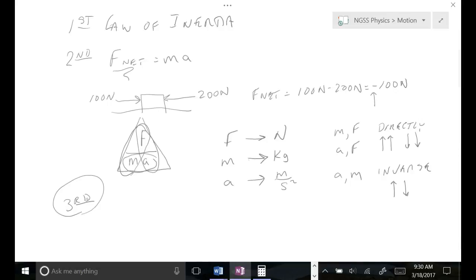Okay, so let's see, did I miss anything? You guys should be able to name and talk about the three laws very clearly. Know the difference between mass and weight, right? If I wanted to lose weight, I could just go to the moon, and I would lose approximately 5/6 of my weight.